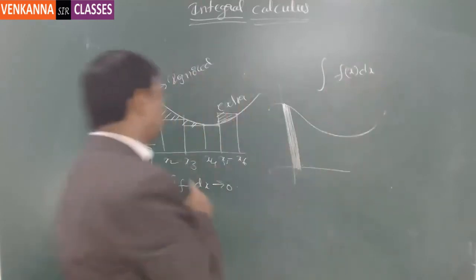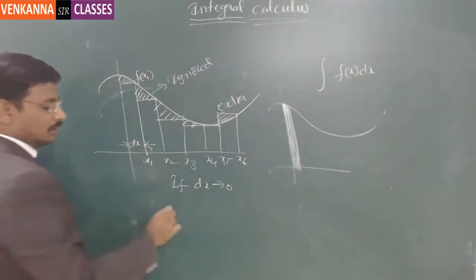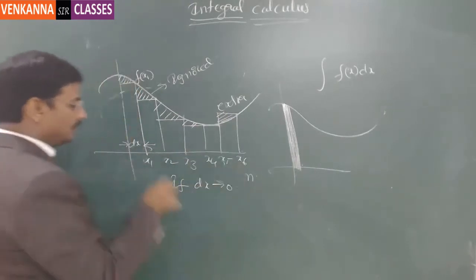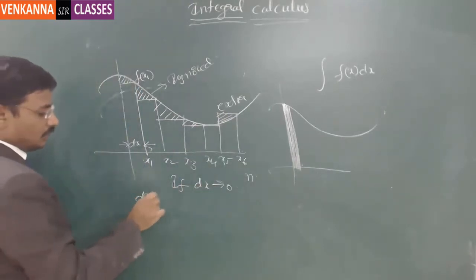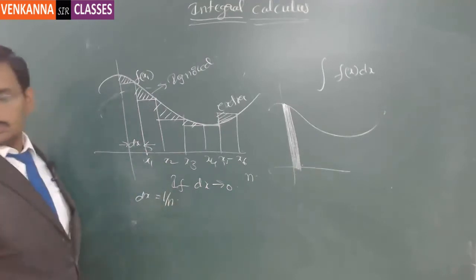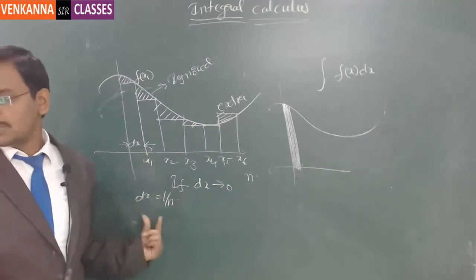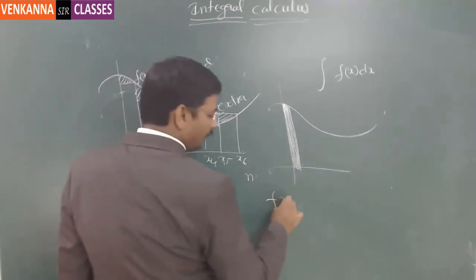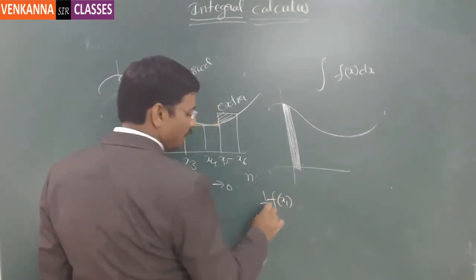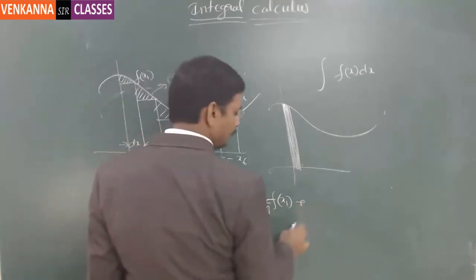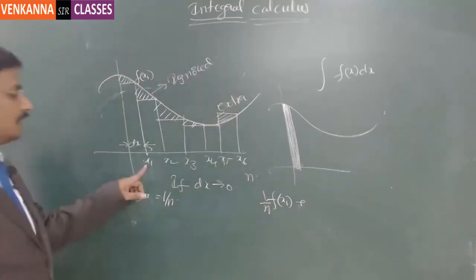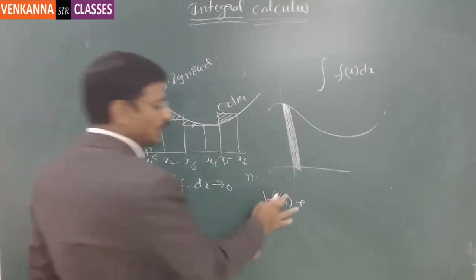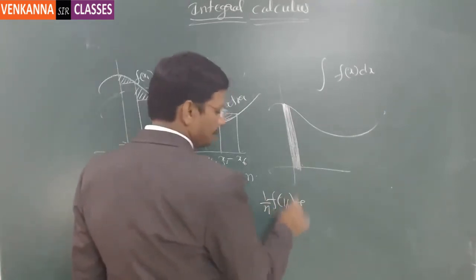Here, if you take this particular function, I'll take n equal parts. Then each part dx is equal to 1 by n. Now this particular function value is f of x1 into 1 by n plus, where x1 is at a distance of 1 by n. So x1 I can treat as 1 by n.